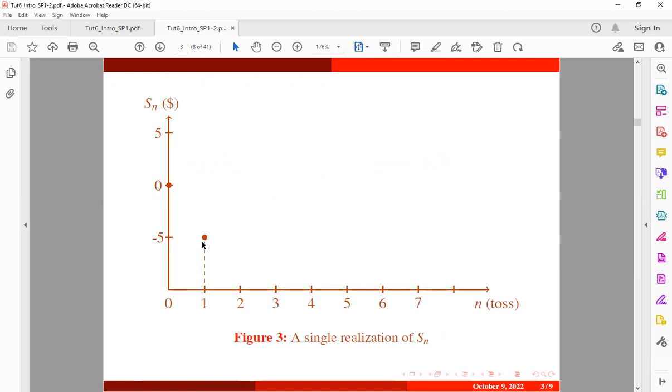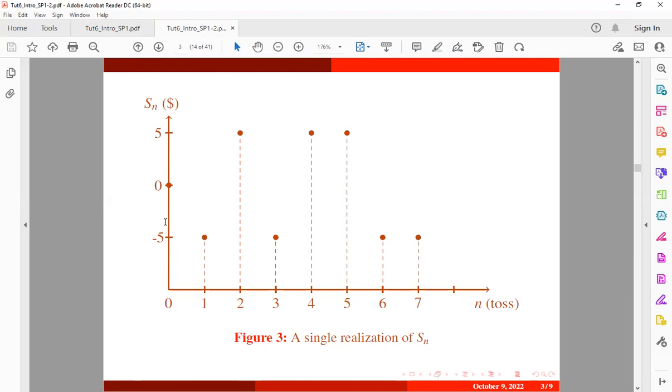So it is possible that at the first toss, it's landed tail. So Emmanuel is basically going to lose $5. And it is also possible that at the second toss, it's landed head. So Emmanuel is going to gain $5. So this is just a single realization or a sample function of this process.